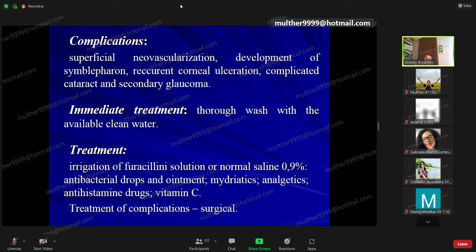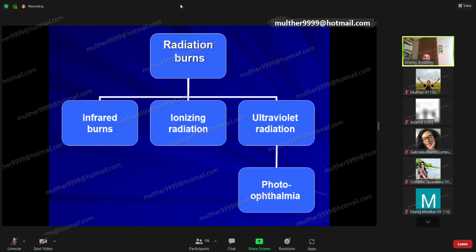Treatment of complications like corneal ulceration, complicated cataract, secondary glaucoma, symblepharon formation is surgical. There are no other ways of treatment.